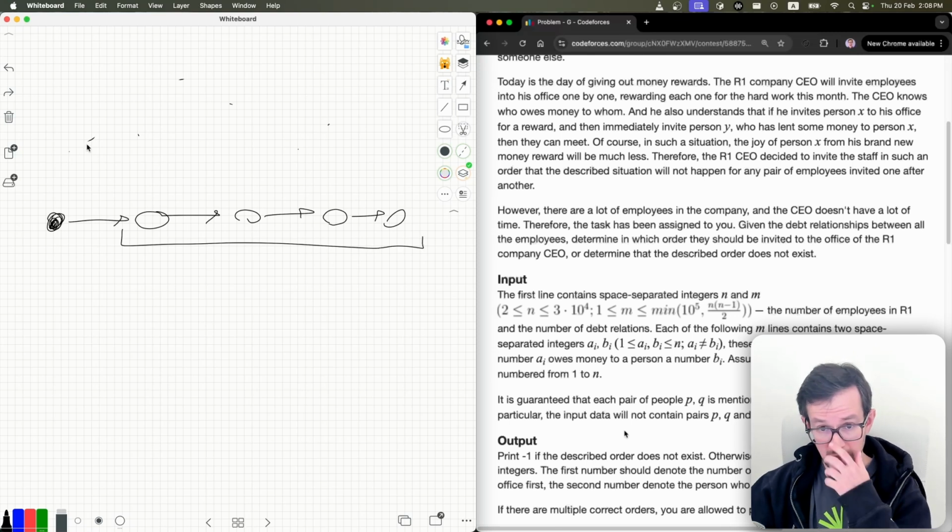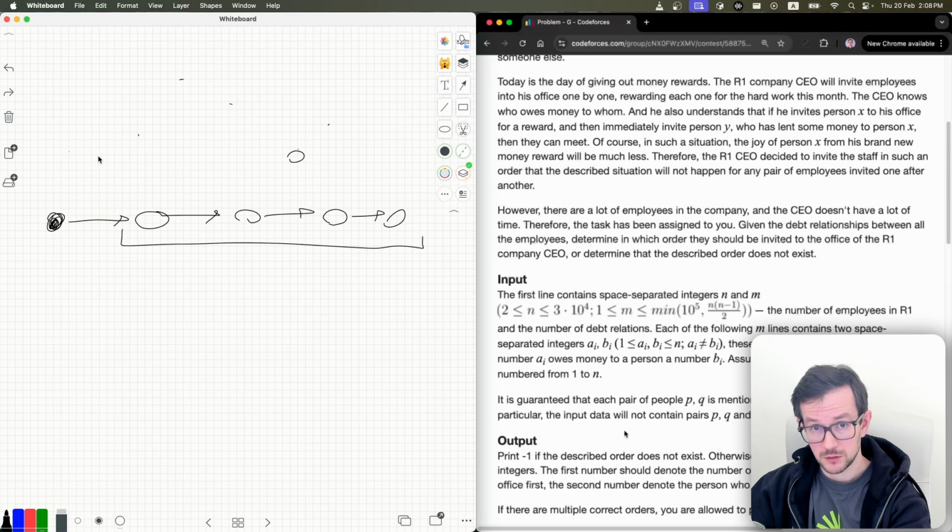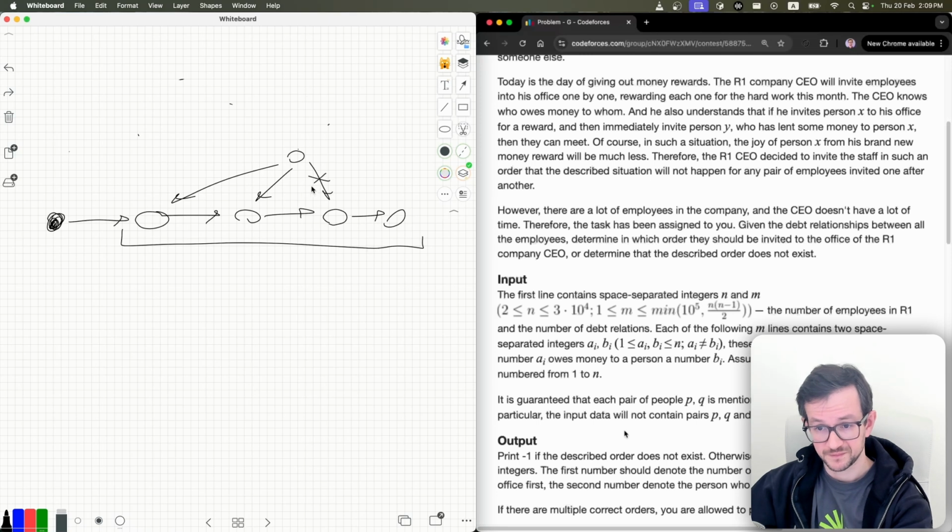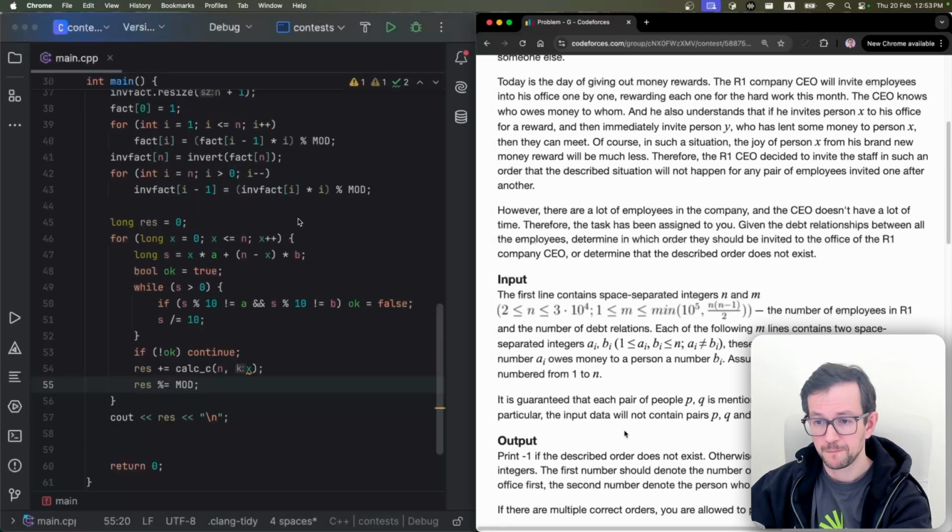Then I introduce a new element and try to insert it here, then here, until I find the place where I can insert it. I have edges here, here, but not here. Basically, I do the same, but from left to right. Then I insert it in this position. I take my element and insert it between these two. That's it.